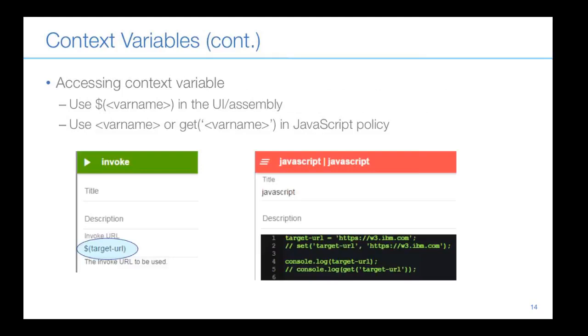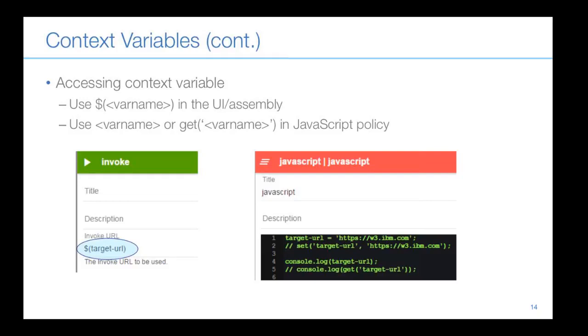Okay, Tim, let's go to the next slide. We have so much information in the context variable. How do you access those context variables from an API? There are two ways to access them, and the way to access the context variable is the same between DataPower and the micro gateway. The first way is to access the context variable in the policy assembly flow in the UI.